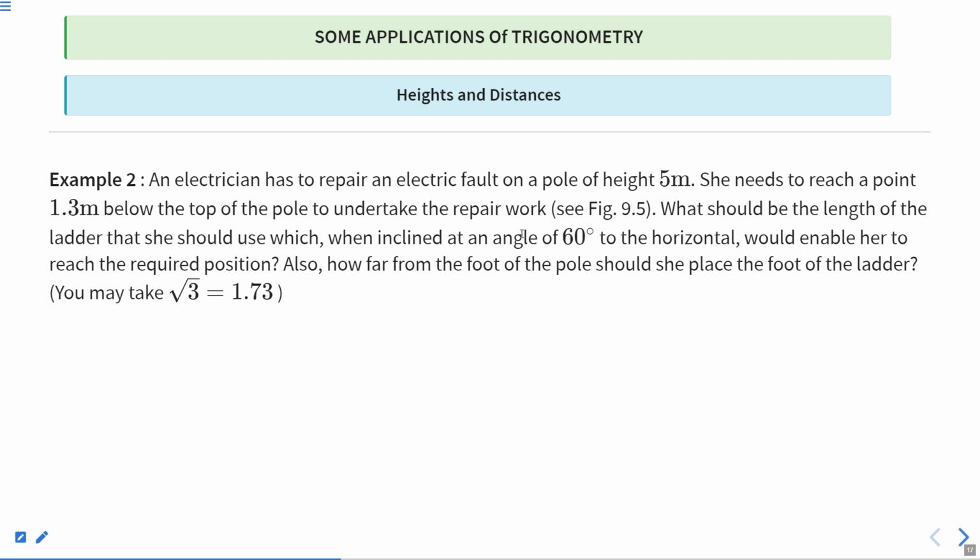What should be the length of the ladder that she should use, which when inclined at an angle of 60 degree, that is, the angle of elevation is 60 degree, would enable her to reach the required position? Also, we have to find how far from the foot of the pole she should place the foot of the ladder. Here we are also given a hint to take the value of root 3 as 1.73. So let us see how to solve it.